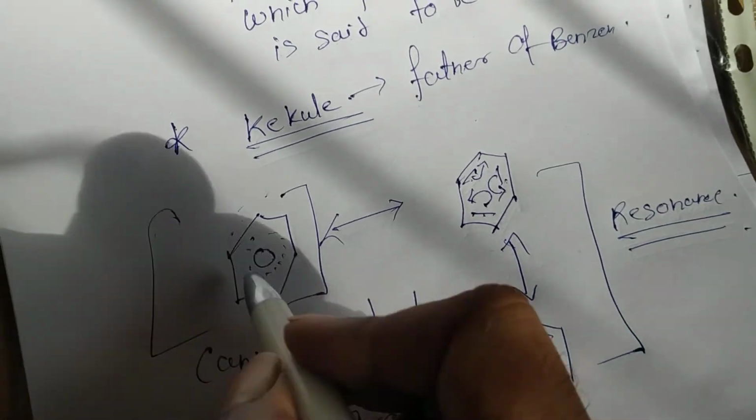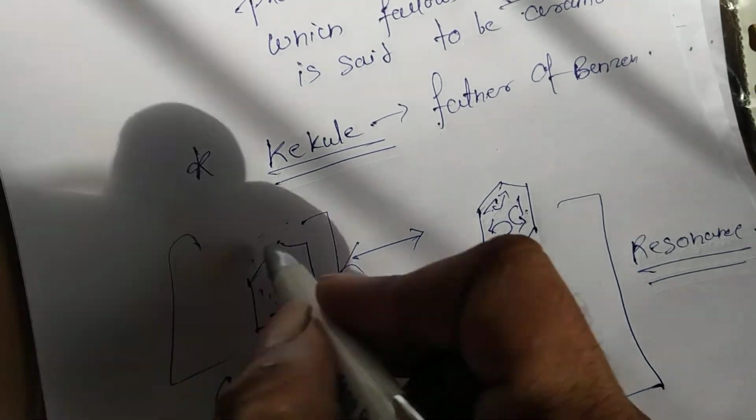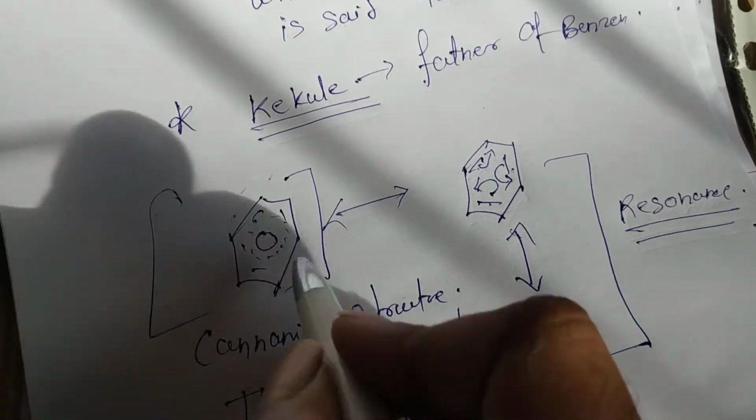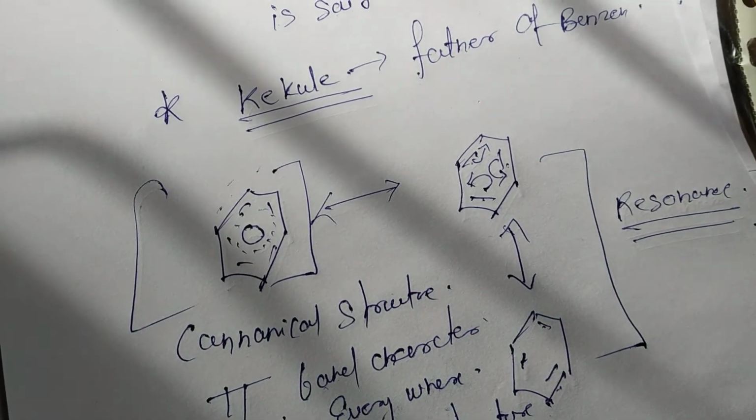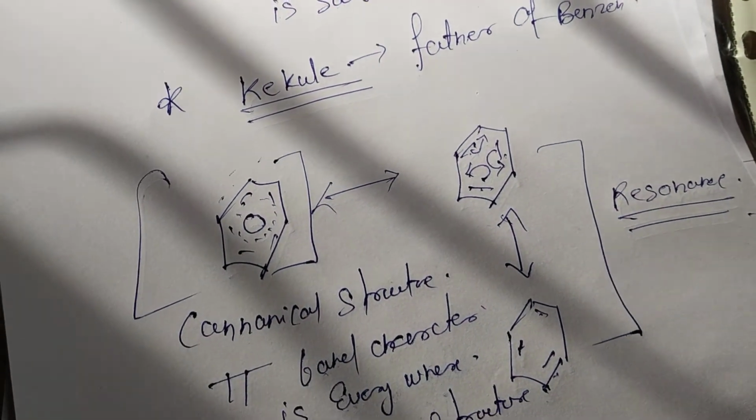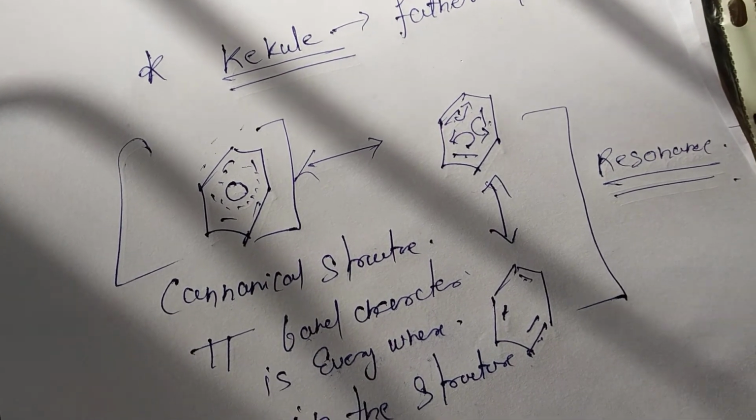That means the pi bond is present here, here, here, here, and here also. So both possibilities are there in the case of benzene, right?